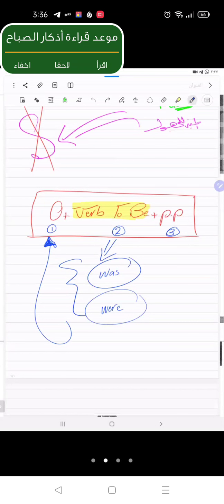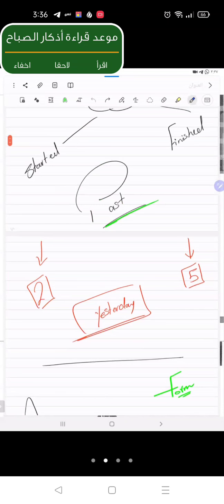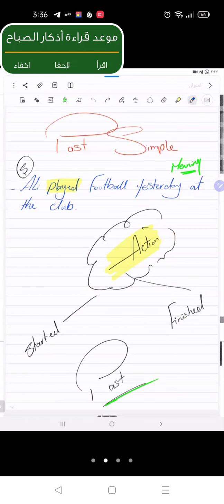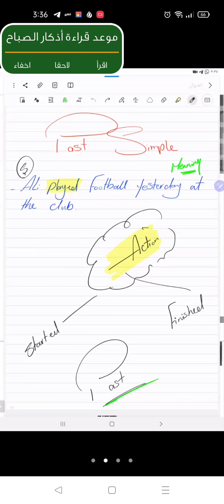Let's move to our example again. Ali played football at the club yesterday. Now be careful, I'm asking about the object. Where is the object? Football. Excellent.